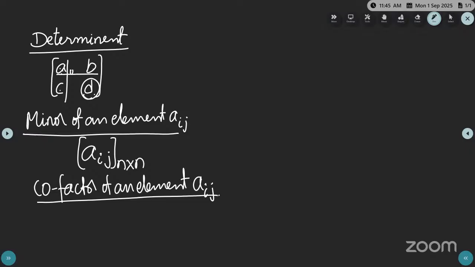Cofactor of an element Aij is equal to minus 1 power i plus j into minor of Aij.